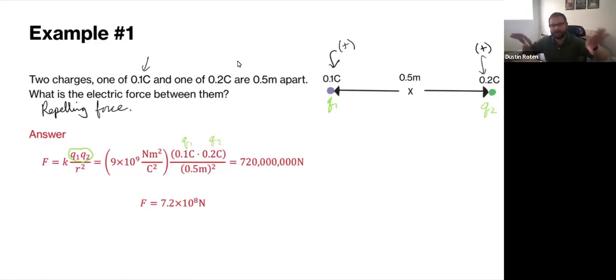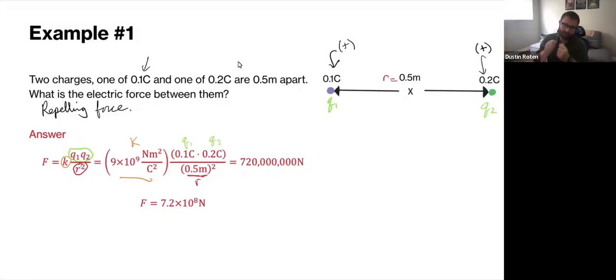Now we know what the distance is as well. R equals 0.5 meters. That goes in our denominator and it's squared. All right. Now remember, K just comes along for the ride. That's K. We just bring it with us.